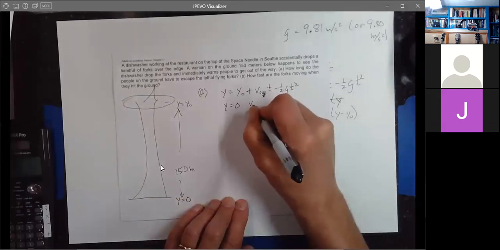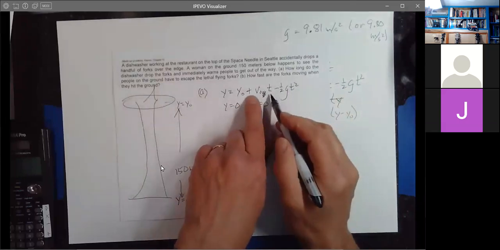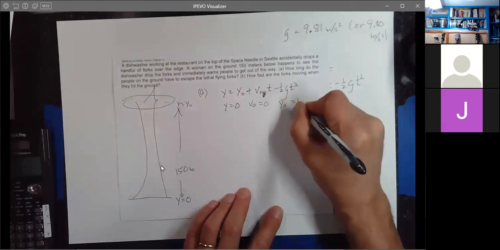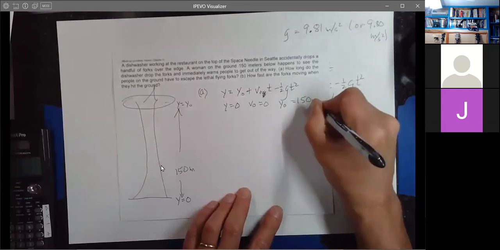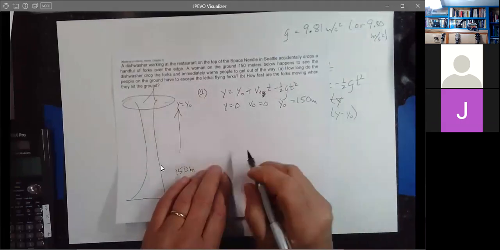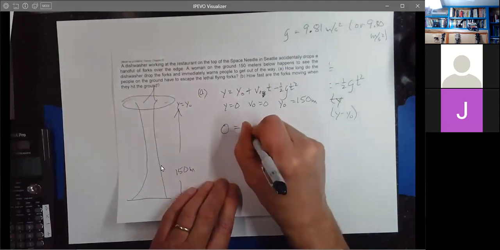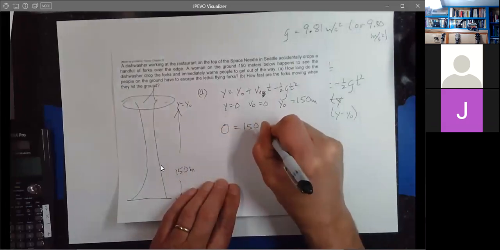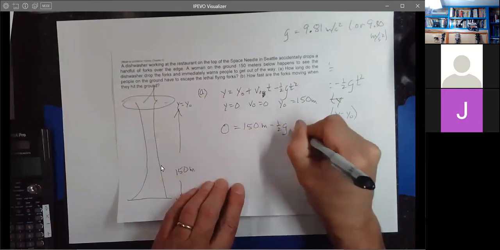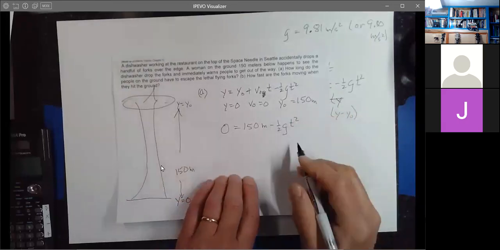I know that v naught is 0, so that makes this whole term disappear, and I know that y naught is equal to 150 meters. So let's see what we get when I plug those in here. I would have 0 equals 150 meters minus 1/2 g t squared. And I know g is 9.81 meters per second squared, so that's a number I know.